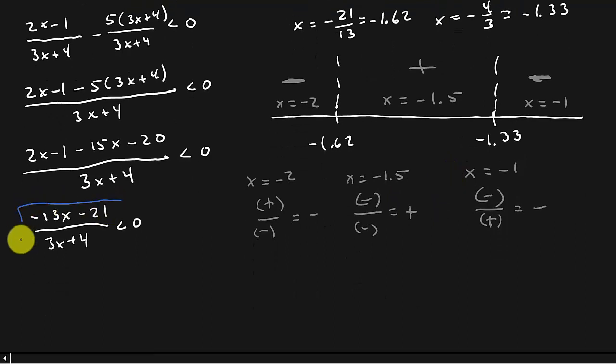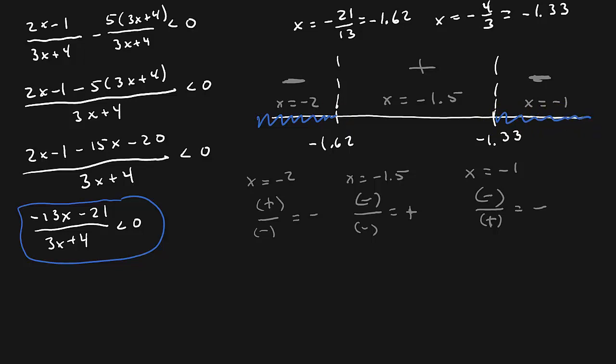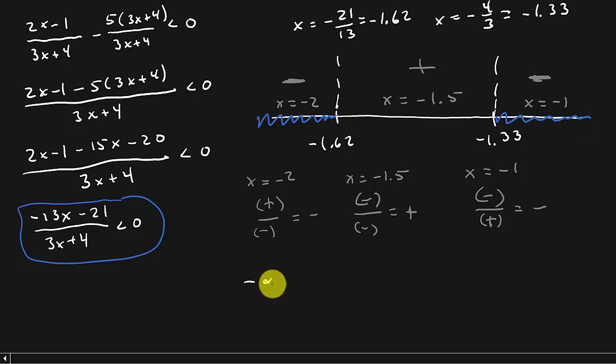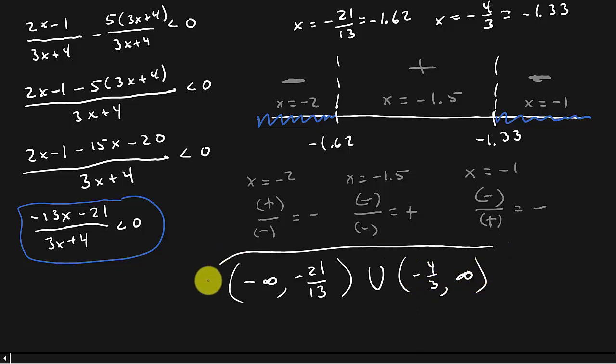We want to know when is this thing less than 0? So less than 0 is the same thing as negative. That's here and here. So we can see that our solution is negative infinity to negative 21 over 13, or negative 4/3 to positive infinity.